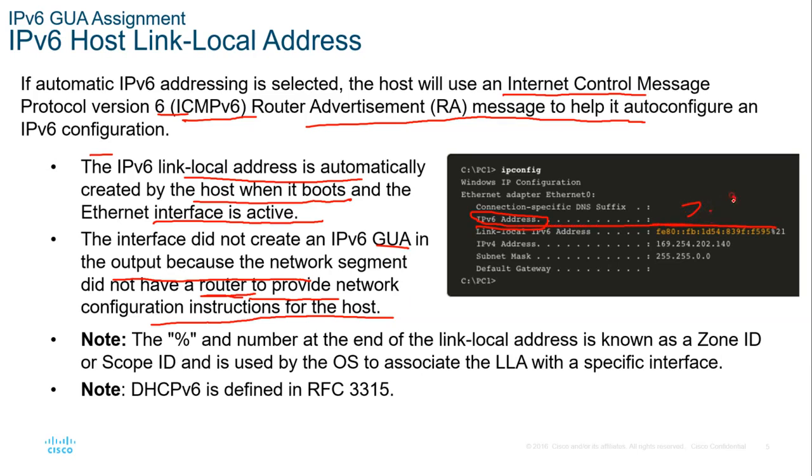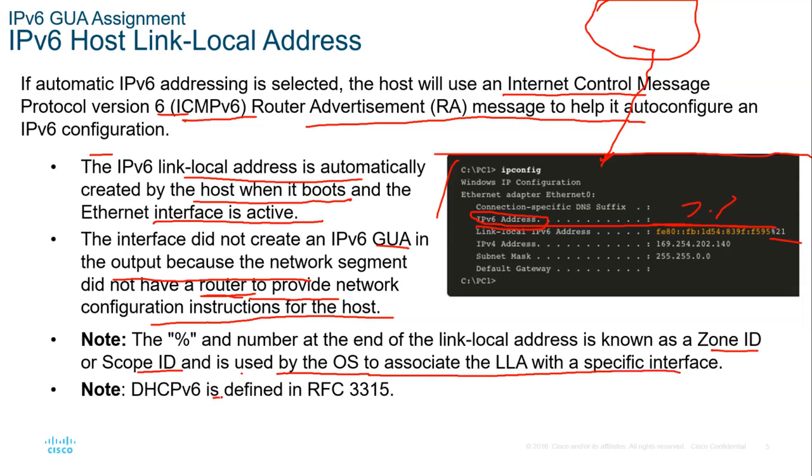It's empty, because this PC is not connected to a router to instruct it to auto-generate it. Note the percent and the number at the end of the link local address. This is known as the zone ID or scope ID and is used by the operating system to associate the link local address with a specific interface.